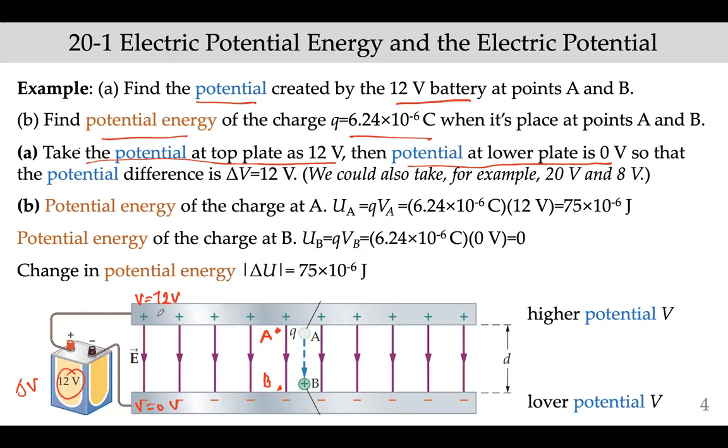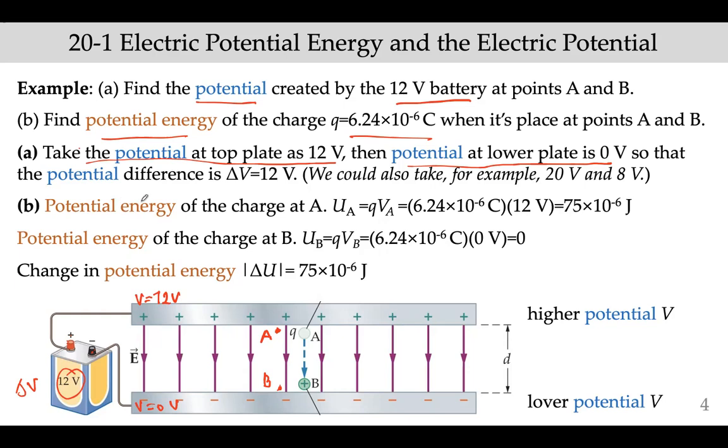What matters is that the difference between these two numbers should be 12. You can even take this to be 0 and the bottom one to be negative 12. As long as the difference is 12, that's fine. It doesn't matter which particular values of potential you choose for each plate.